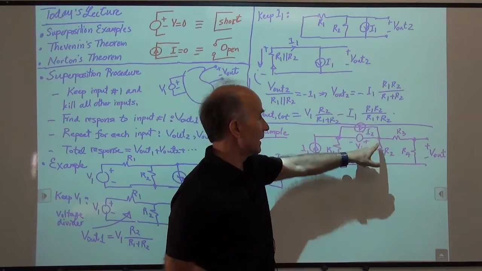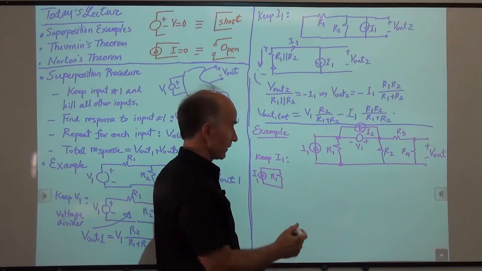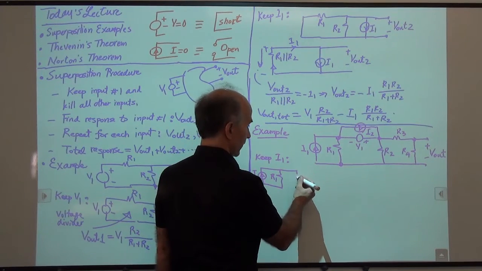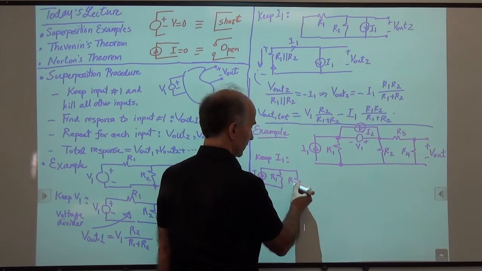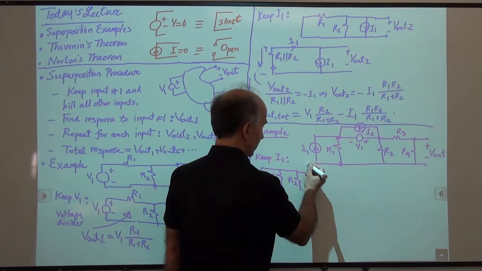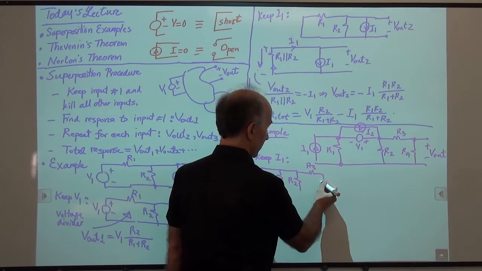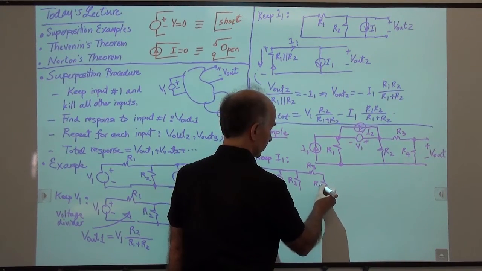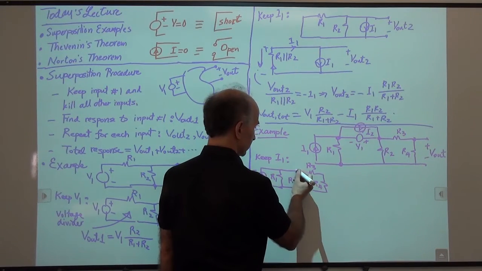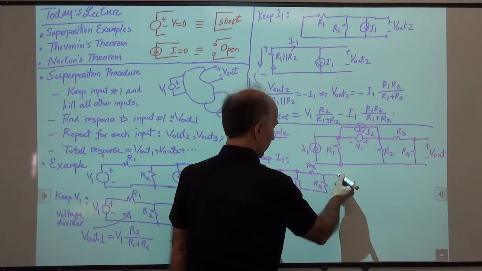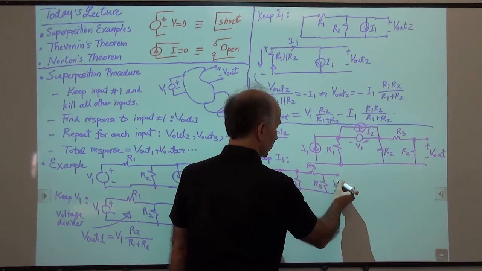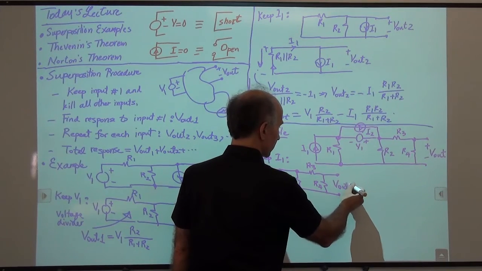So this is gone, and this is a short circuit, so just a piece of wire. So we have a piece of wire, then we have R2, then we have R3, and then we have R4. And this is what you might call V out 1.